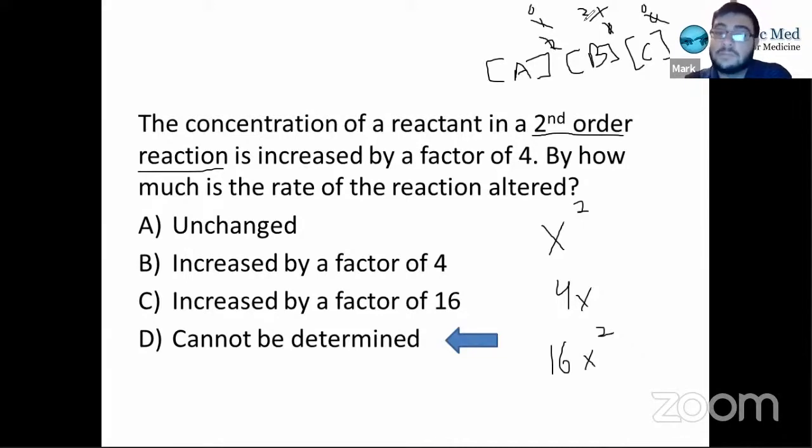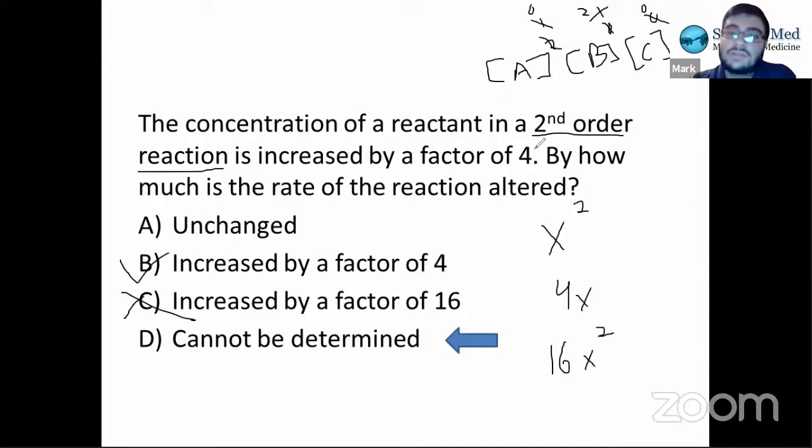If it was, for example, first order with respect to the reactant we're looking at, and there was another reactant that was first order, we would have a second order overall reaction. So this statement would still be true in the question, but by increasing it by a factor of 4, it's not C, it would be B, right? It would increase by a factor of 4 because it would only have an exponent of 1.